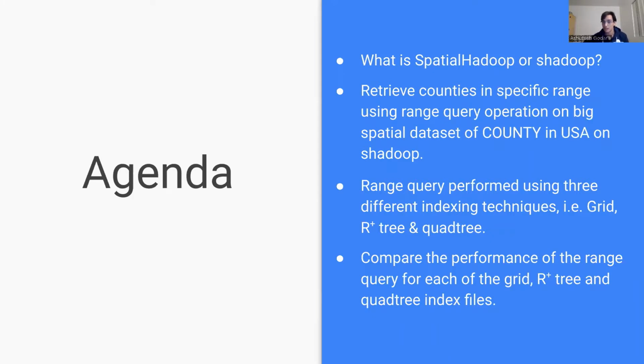I'm going to calculate this range query on three different indexes: grid, R plus tree, and quad tree. Finally, I compare the execution time taken by Spatial Hadoop on these three different types of index file for range query.